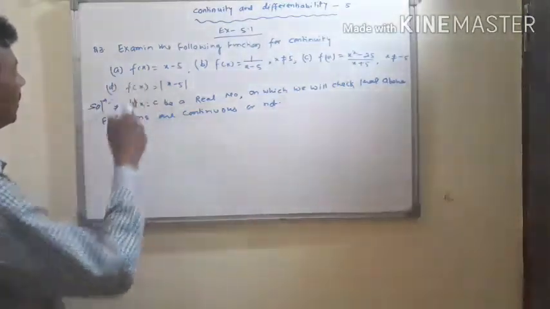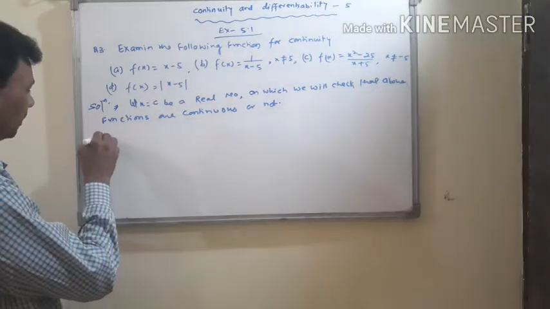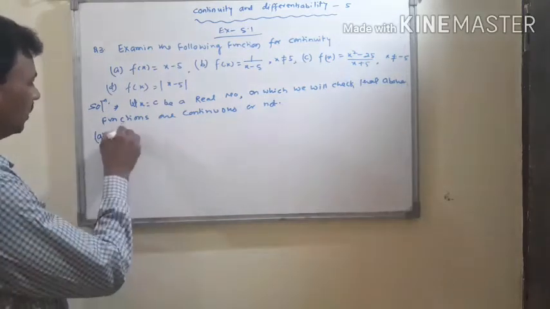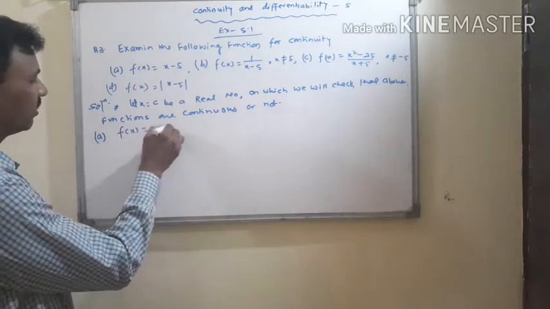Now we will take the first function, a, f of x equal to x minus 5.